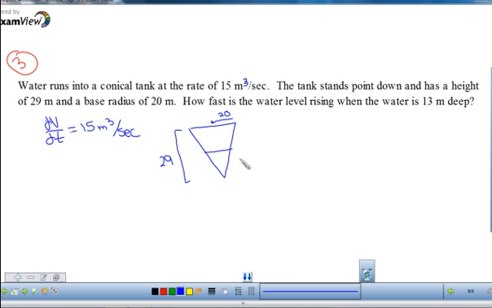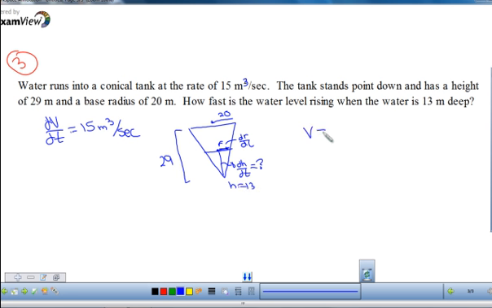Okay, so here's the water, r, so we do have a dr/dt, and the height of the water, so we have dh/dt. So we want to find the rate of change of the water level when the water is 13 meters deep.